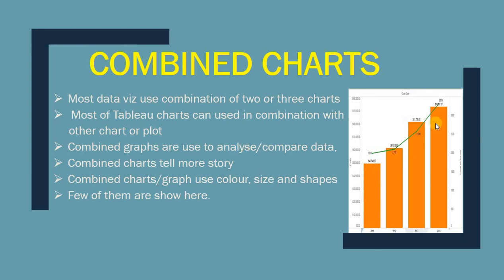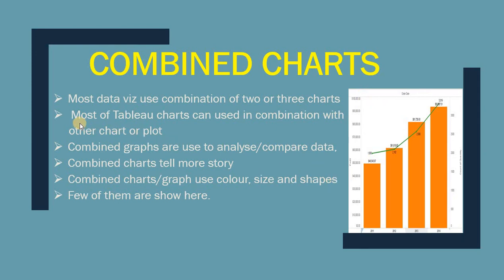As you can see, we have two charts here. We combine them to show different parameters and visualizations. So here we have a bar chart and a line. We will use those for different purposes. So there are different data points.